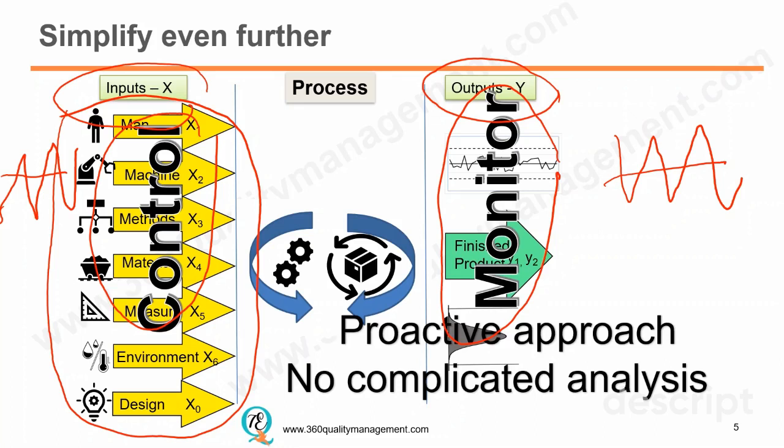This is a very simple approach, and if you've done this correctly, there will not be any complicated formula of Six Sigma and no need to go through tedious problem-solving steps, by just setting up and controlling the process input correctly.